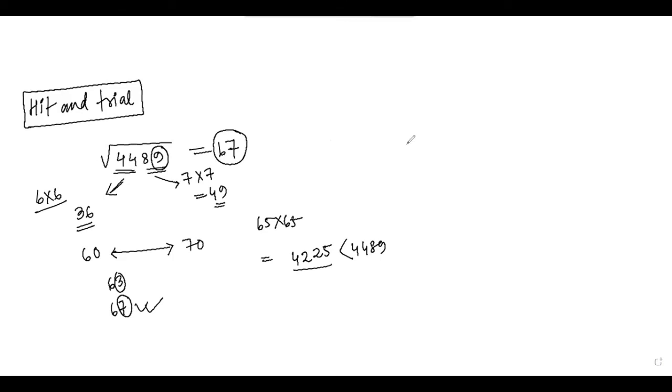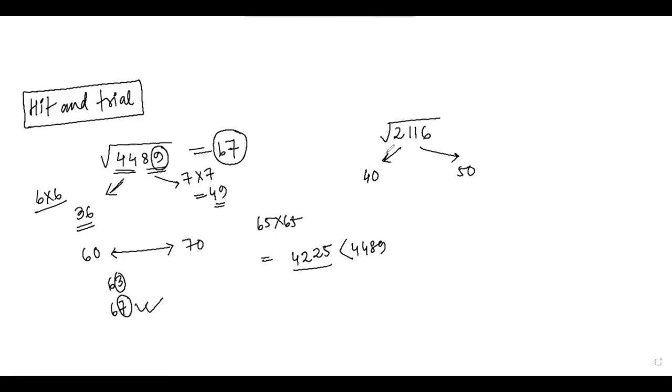Okay, another example I'll give is square root of 2116. Here you can see that the square root of 2116 has to be between 40 and 50, because 4 4s are 16 and 5 5s are 25.